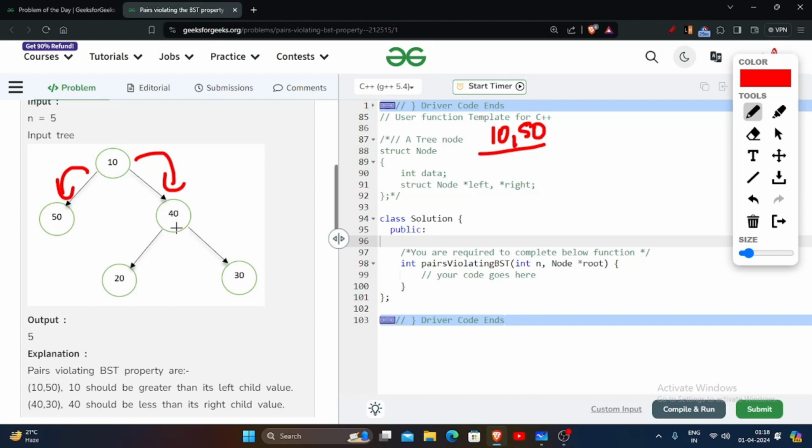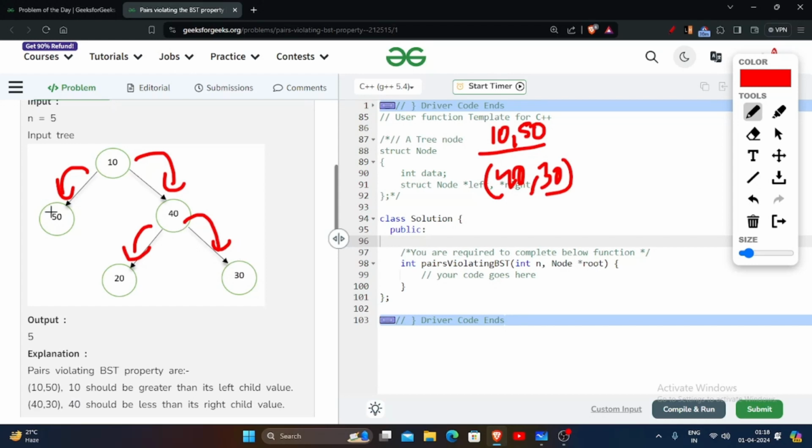For 40, 20 looks fine because on the left it has to be lesser values. 40 and 30: 40's right has to be greater. So we find another pair, 40 and 30, a violation because on the right of 40 values should be greater.